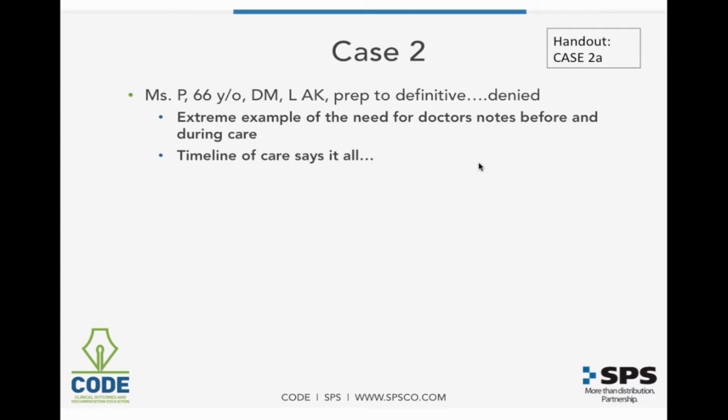So this is where I make the argument for a timeline of care. If you write up a timeline of care on the patient, then it can really make things so much clearer for you, for the reviewer, for everybody involved. And a timeline of care is this: you get a stack of doctor's notes, some from the wound care clinic, some from their primary care physician, and you've got your notes there as well.